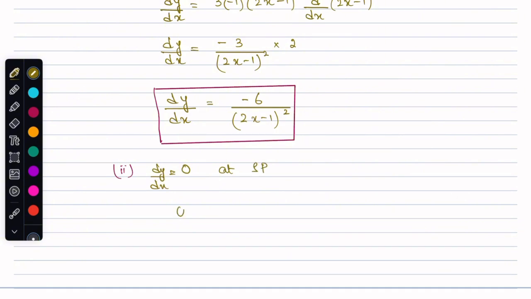So if I equate it to 0, it's negative 6 divided by (2x minus 1) the whole square. And what I have seen here is that this (2x minus 1) the whole square, when multiplied by this 0, becomes 0, and then this equation here is impossible to solve for the value of x. So simply I'm going to write that there is no stationary point.